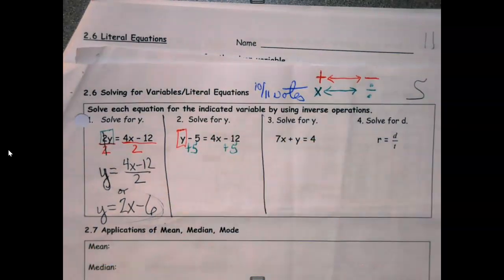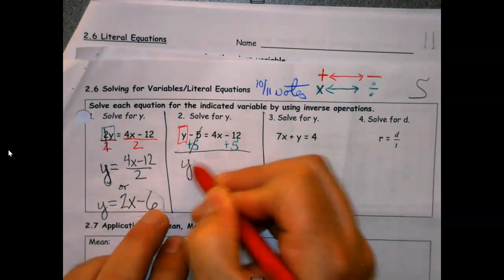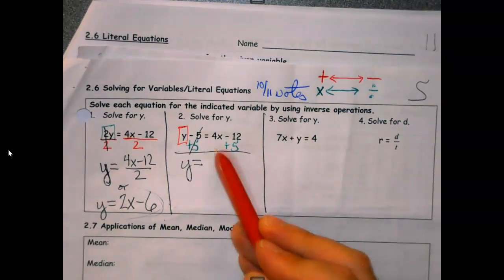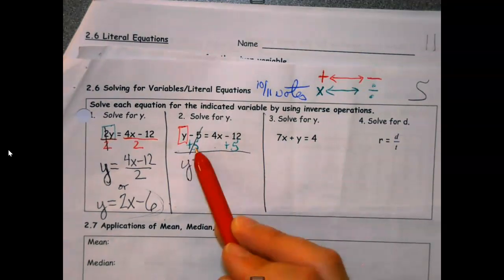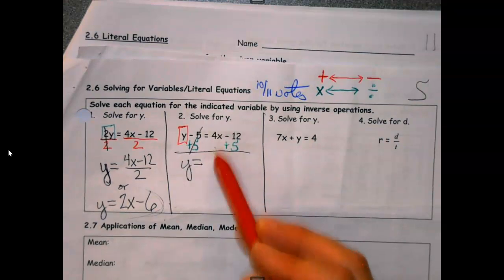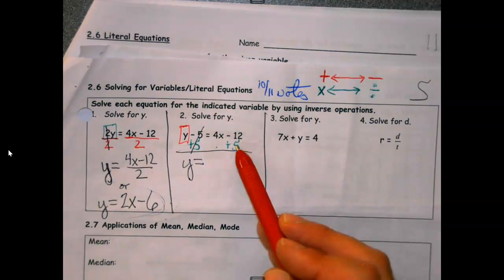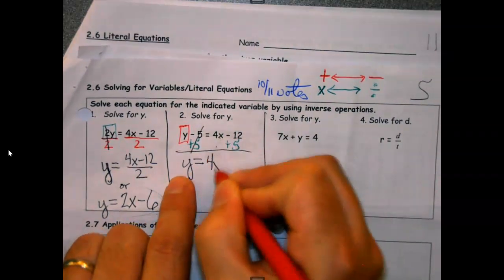Now here's the deal on this one. Those cancel out, there's y. Does it matter if I do the plus 5 here or the plus 5 here? Yes. The 5 does not have an x. I can't put it with the x. They're not like terms. I've got to keep plain numbers with plain numbers. So we don't do a thing to the x term this time.